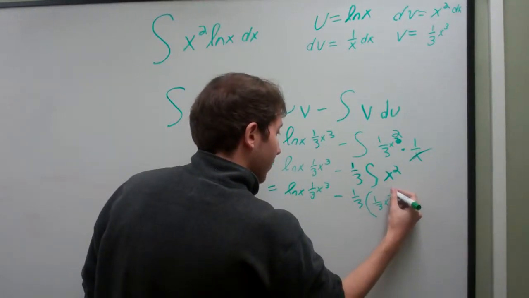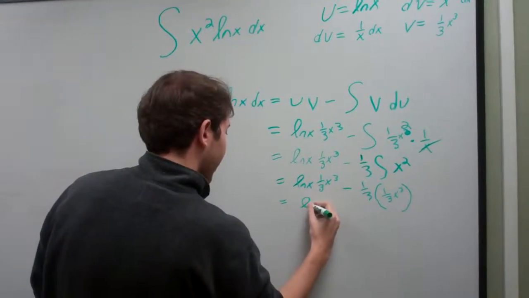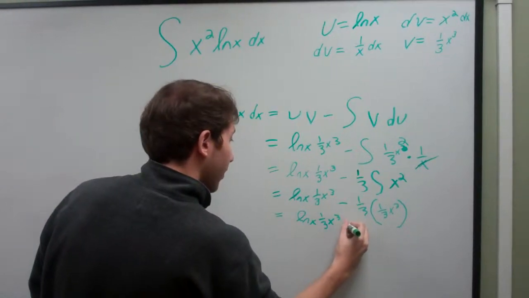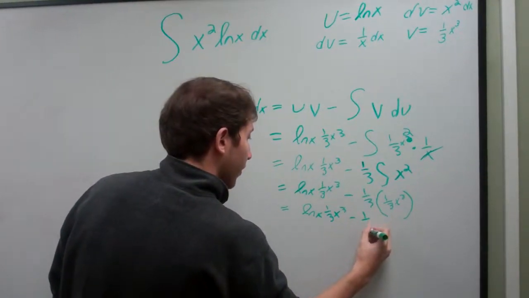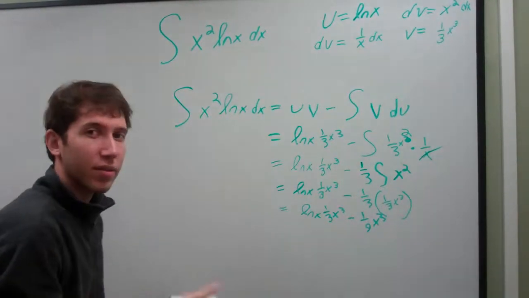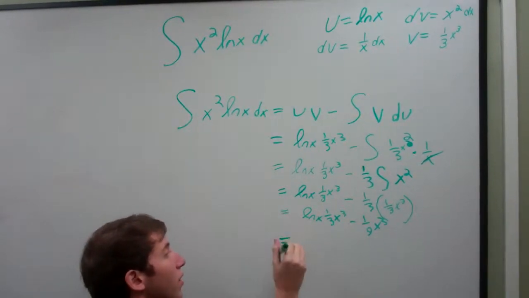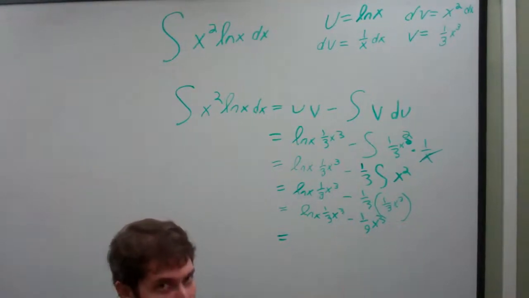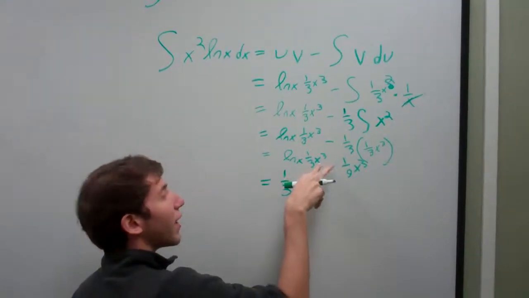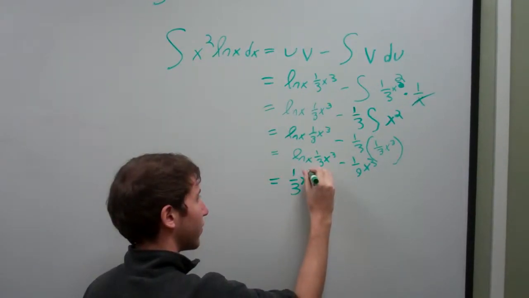x to the third. Now we're just going to multiply things out a bit. Ln of x times 1 over 3 x to the third minus 1 over 9 x to the third. And then for simplification purposes, let's simplify it. 1 3, 1 9, take out a 1/3, and then we have x cubed and x cubed, so let's take out an x cubed as well.